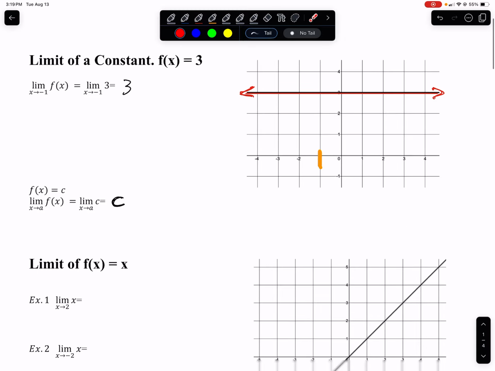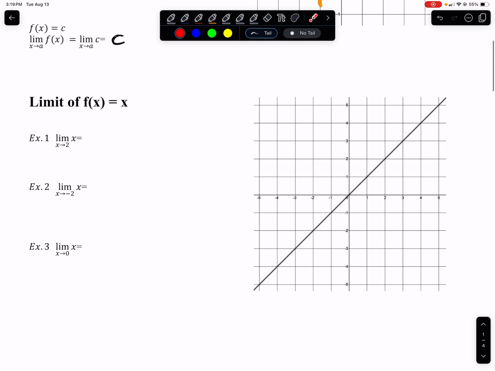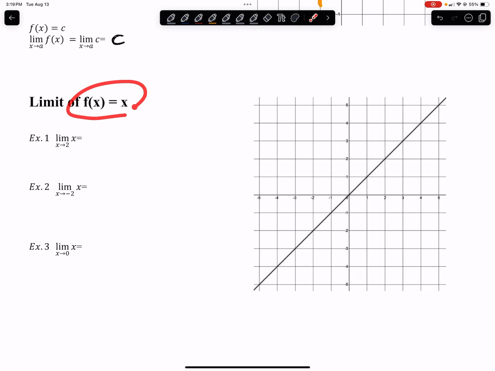We're giving you that. Okay, what does this function look like? F of x equals x. Hopefully you can see that that is the line y equals x. A slope of 1, a y-intercept of 0. So it's just a line with the slope of 1 through the origin. And whatever x is, y is.